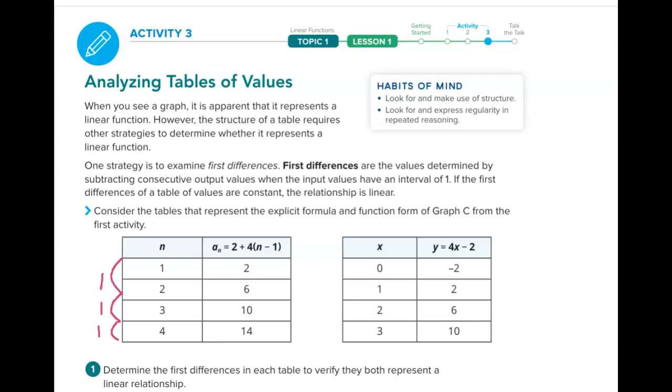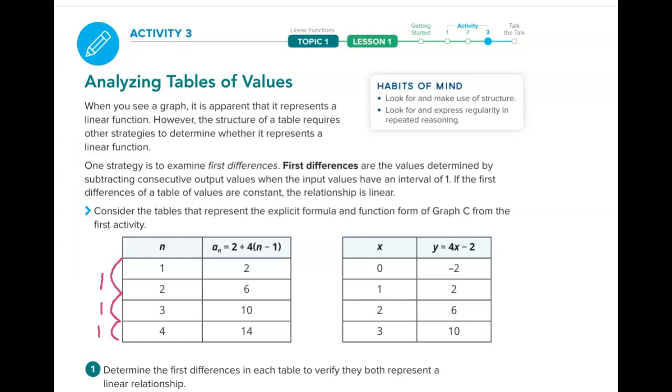If all of the numbers are consecutive, one to the next, then you don't have to worry about this left-hand column anymore, and you can just calculate the difference of the second column, the output values. And so in this case, since these numbers are all consecutive, we can just look at this column.